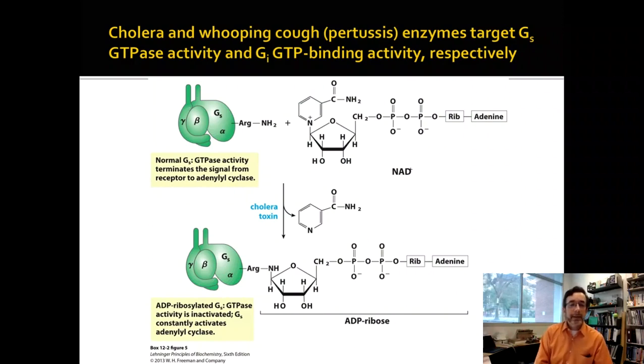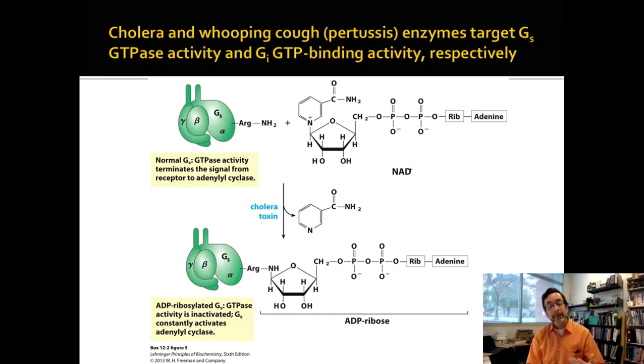And what it does is it takes this NAD molecule and forms a covalent bond to the GS that goes to adenylyl cyclase. Once you put this ADP-ribose group onto the arginine of the GS, it will be ADP ribosylated. So you put an ADP onto it.